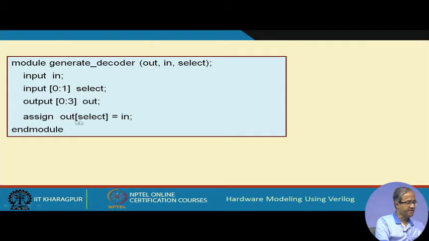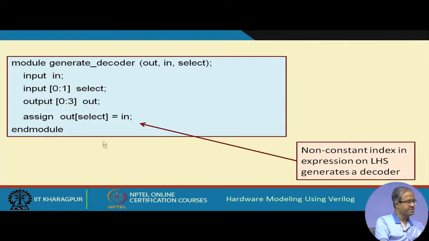And what we have written is: out with an index select, equal to in. Now the array access with a variable index is appearing on the left hand side. Whenever such a thing happens, a decoder will be synthesized. If we have on the left hand side a non-constant index select, then a decoder will be generated.